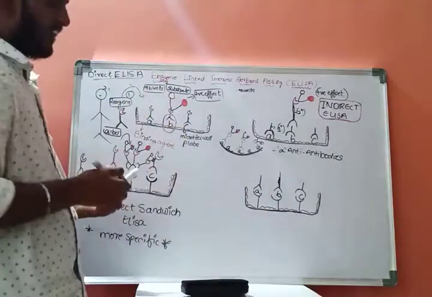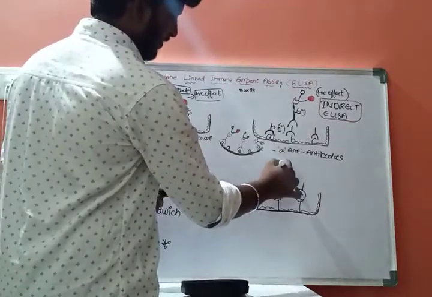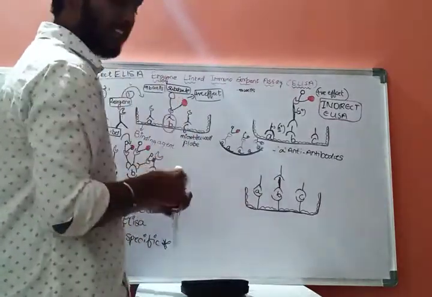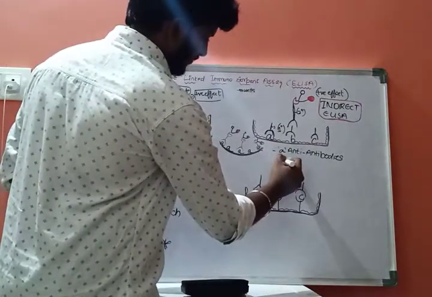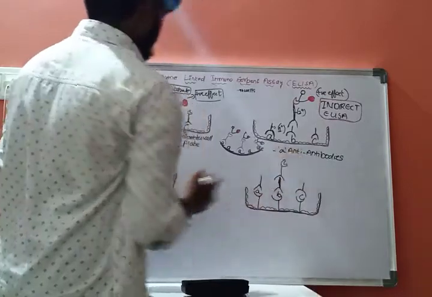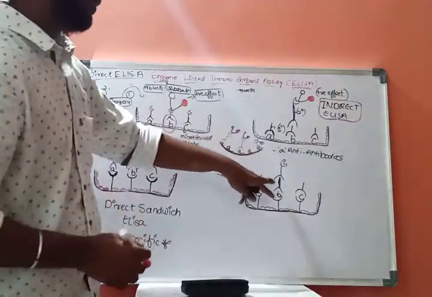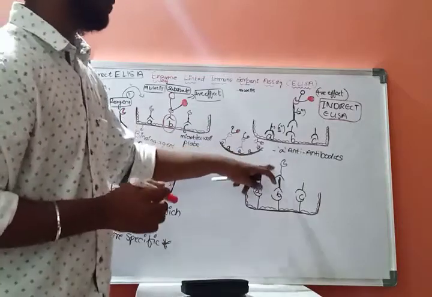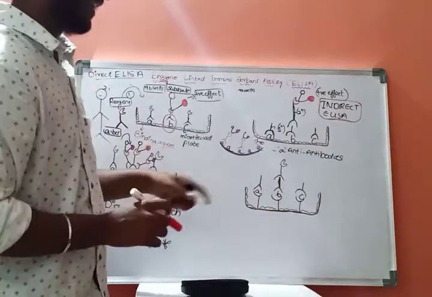Let us add the secondary antibodies which contain enzyme in them. So there are totally 3 types of antibodies present: 2 are primary and 1 is secondary.